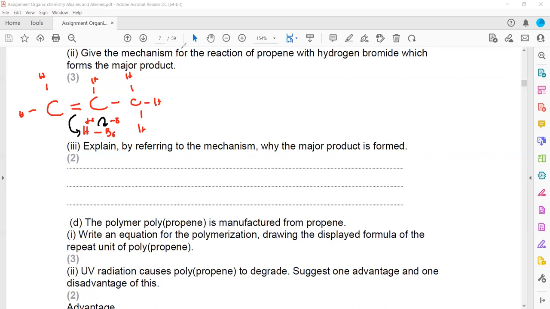As a result, what will happen? You have to show the major one. So hydrogen will be attached here, and this will be the carbocation. And the bromide ion, which has a pair of electrons, is attracted and forms a bond at the last.